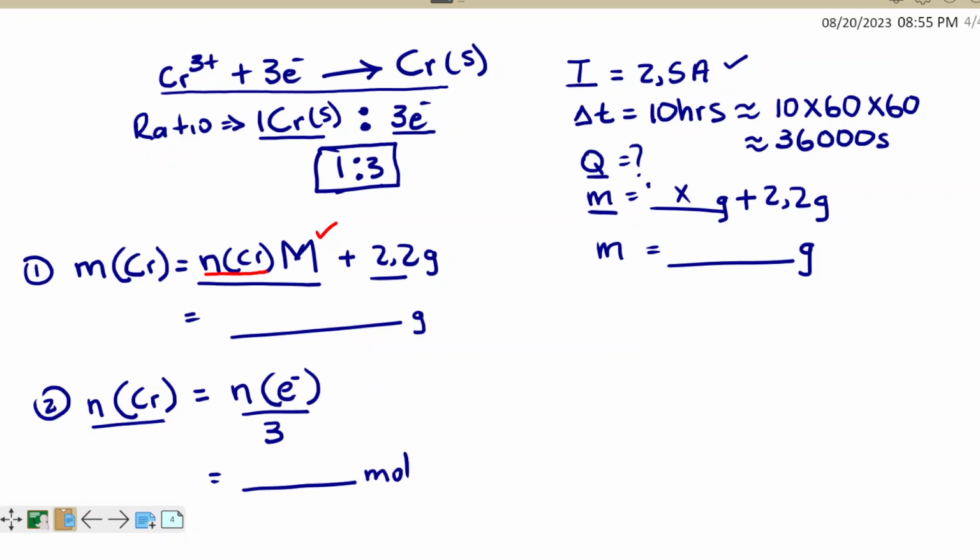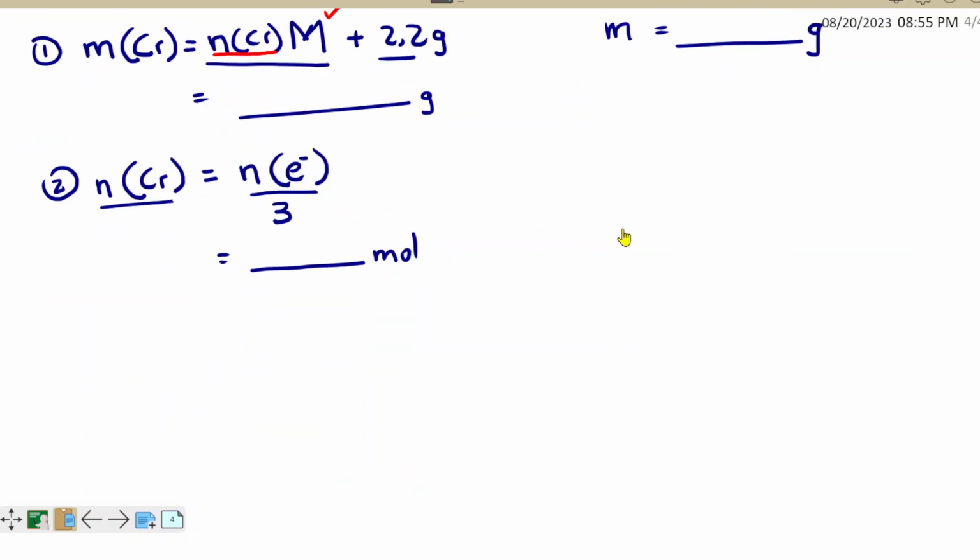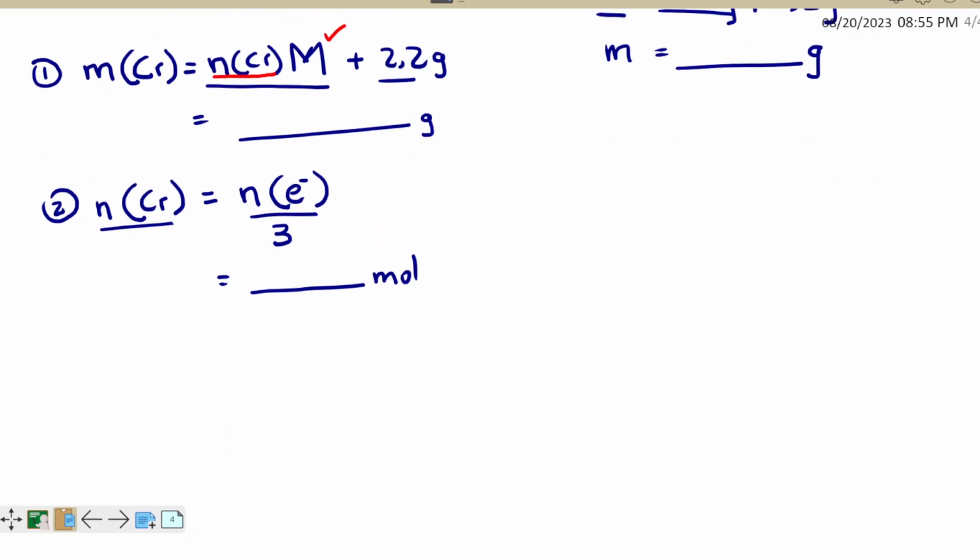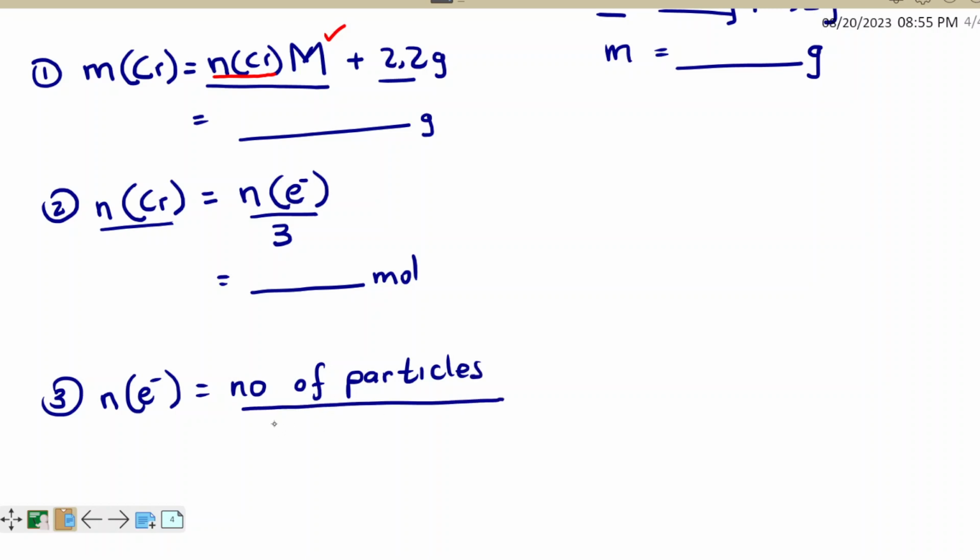Then calculation number 3: we ask ourselves, what is the number of moles of the electron now? The number of moles of the electrons is the number of particles, or the number of electrons, divided by Avogadro's number.